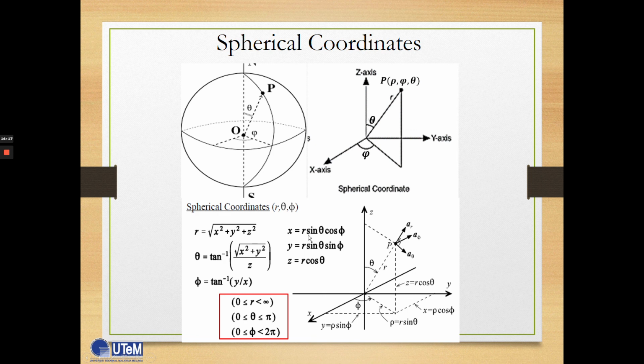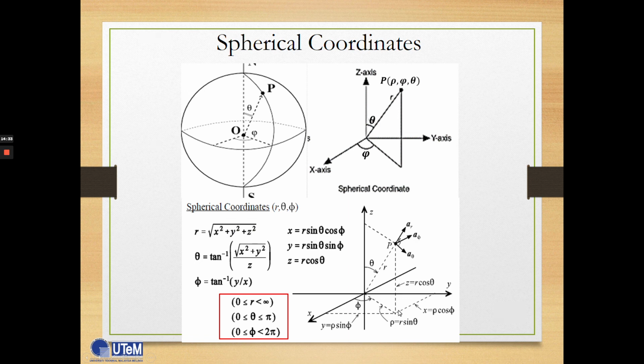So x is equal to rho cos theta, so with rho being r sin theta, we replace it here, and we know that z is r cos theta.